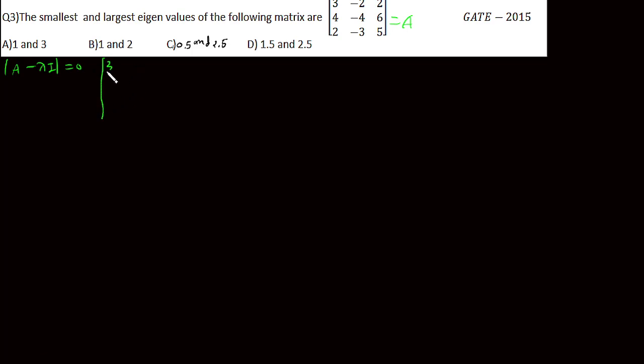So here 3 minus lambda, minus 2, 2, 4 minus 4 minus lambda 6. Now we have to equate this determinant equal to 0. Now let's find determinant in terms of this lambda.